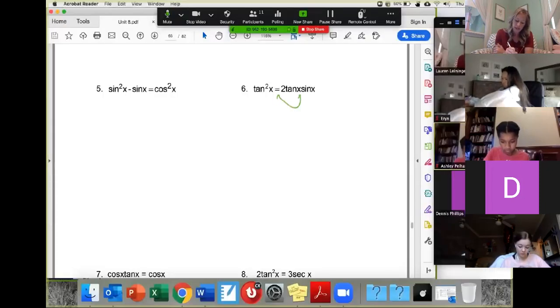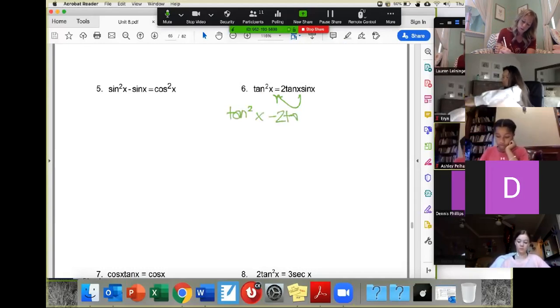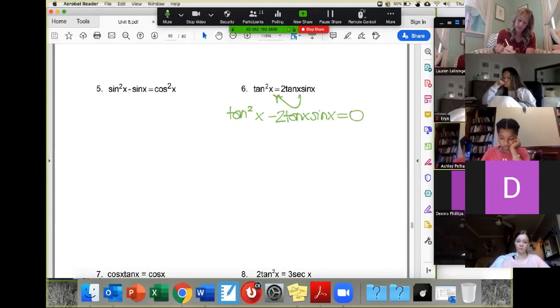I would subtract that entire term to the left-hand side. Tangent squared minus 2 tangent x sine x. So if I check GCF first, that means I'm taking out a tangent, which means I'm left with a tangent minus 2 sine.